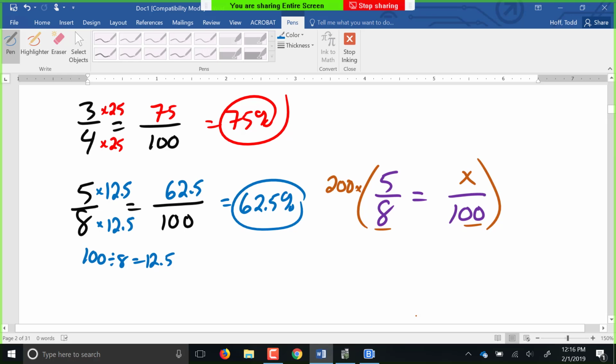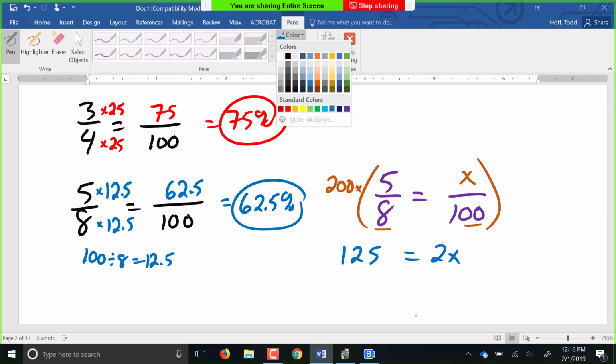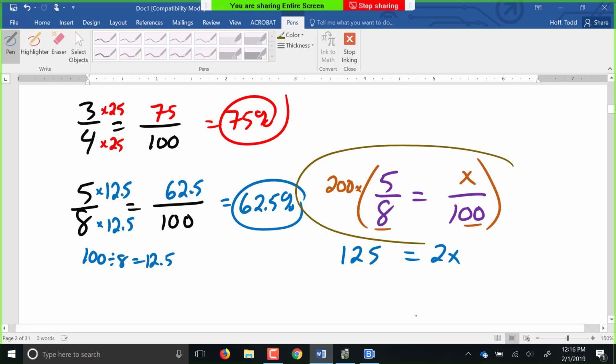200 times 5/8 ends up being, was that 75? No, 125. And 200 times x over 100 ends up being 2x. And I could solve by dividing by 2. That's a little tricky to do.